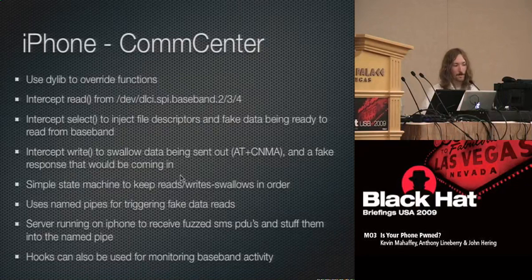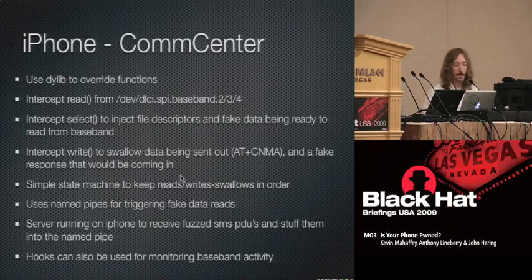Our approach to this was we had some named pipes. We have a standalone binary that runs as a daemon, where the fuzzer is sending PDUs at this. That standalone daemon takes those and puts them into a named pipe.